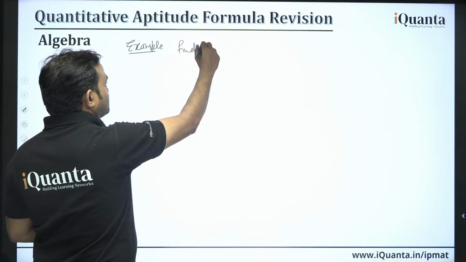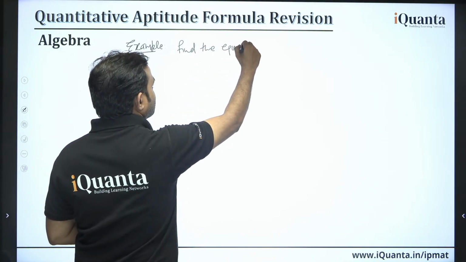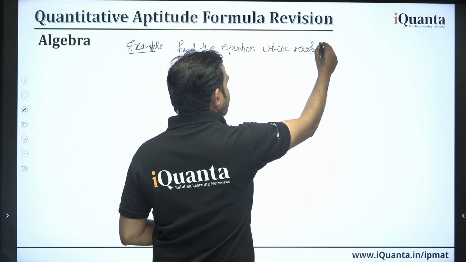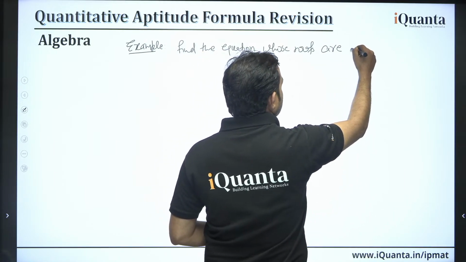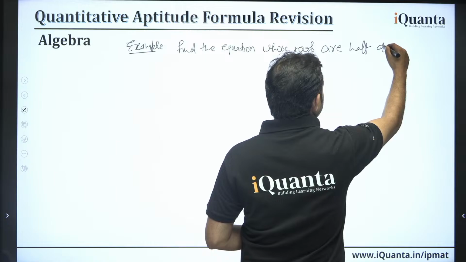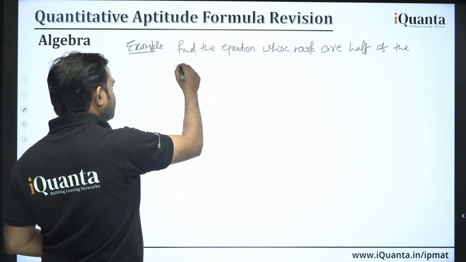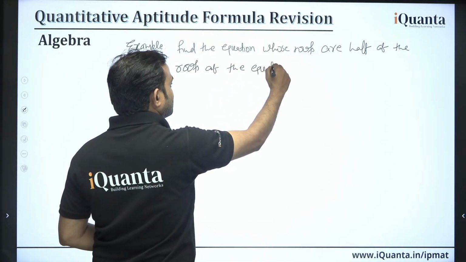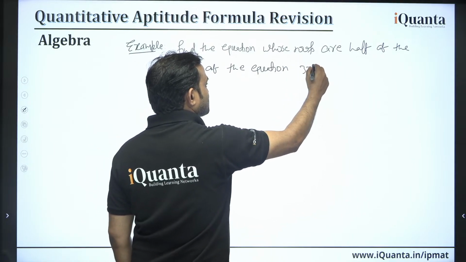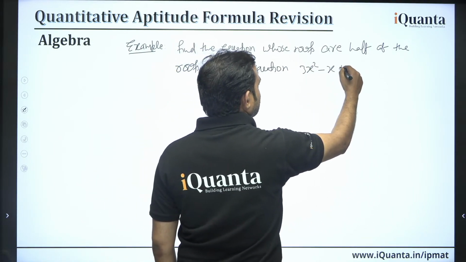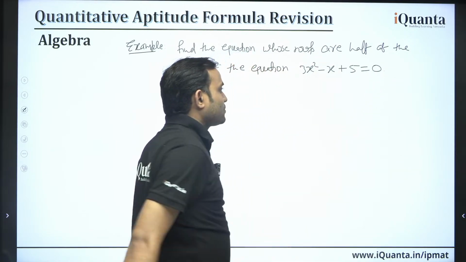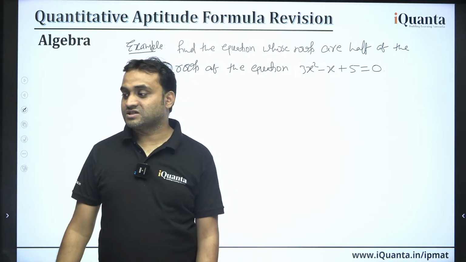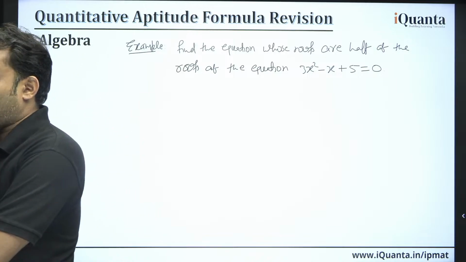Find the equation whose roots are half of the roots of the equation 3x square minus x plus 5 is equal to 0. Okay. Find the equation whose roots are half of the roots of the equation 3x square minus x plus 5. So how do we solve this?